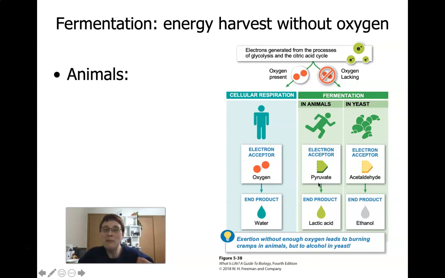We use that pyruvate molecule to do the electron accepting. So not all of the pyruvate gets smashed up, and we use the pyruvate to pull electrons. It's not as effective, so it's not going to get us as much energy. And at the end, we make lactic acid.